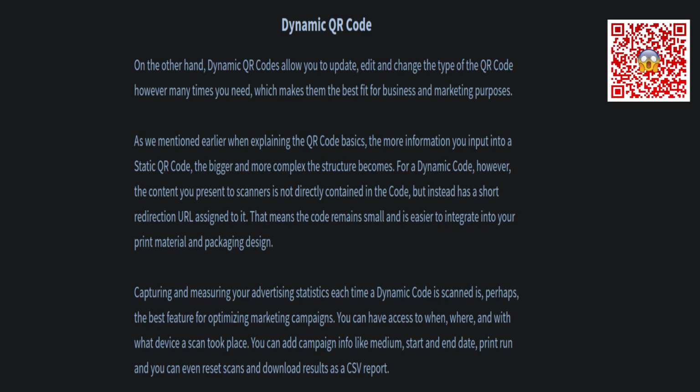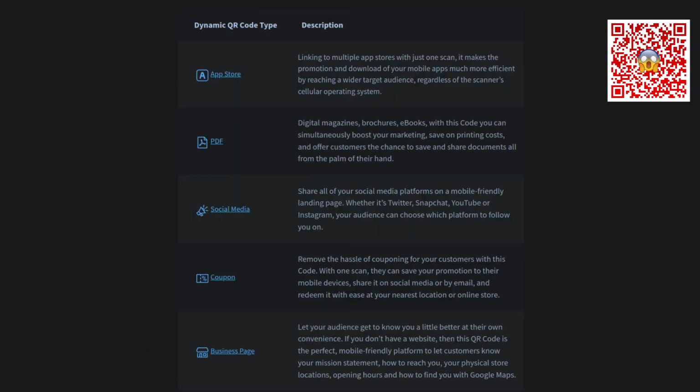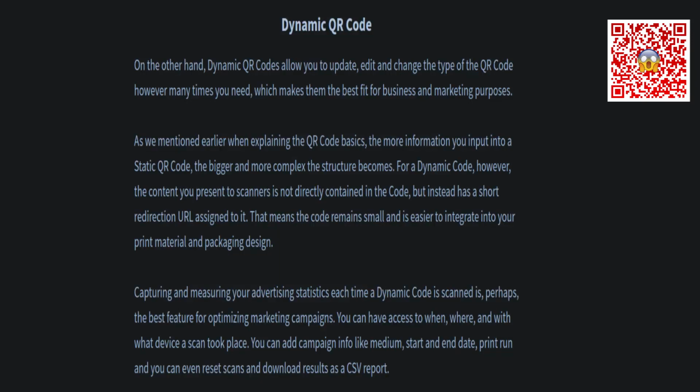For a dynamic code, however, the content you present to the scanner is not directly contained in the code, but instead has a short redirection URL assigned to it. That means the code remains small and is easier to integrate into your print material and packaging design.